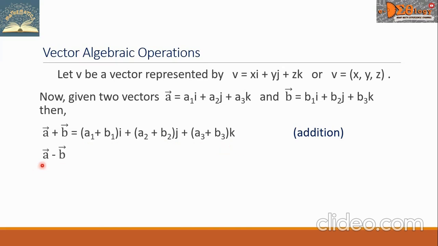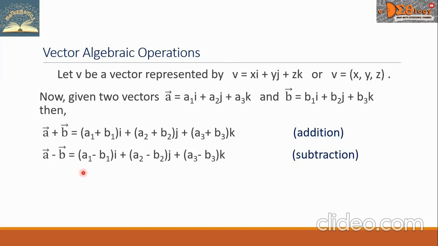For vector A minus vector B, this is about subtraction of vectors. This is equal to the quantity a sub 1 minus b sub 1 times i, plus the quantity a sub 2 minus b sub 2 times j, plus the quantity a sub 3 minus b sub 3 times k.